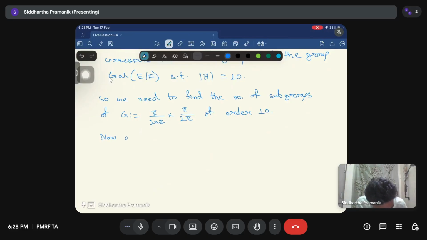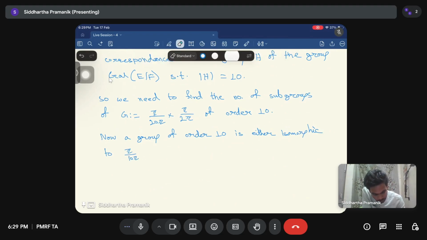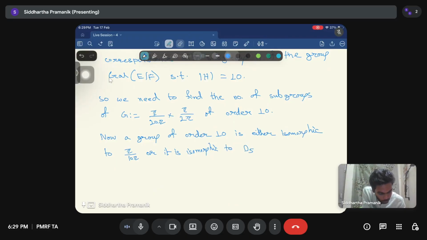A group of order 10 is either isomorphic to Z mod 10Z, meaning a cyclic group of order 10, or, if it is non-abelian, it is isomorphic to D5, the dihedral group of order 10.